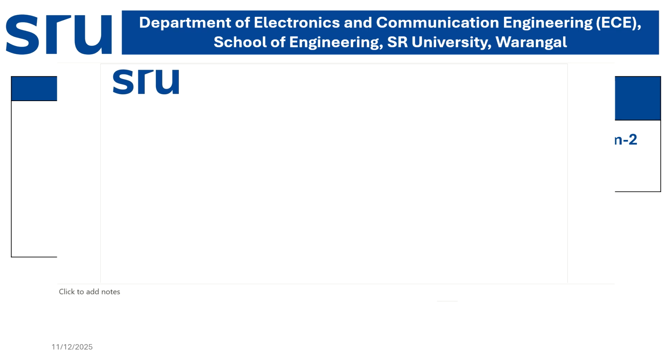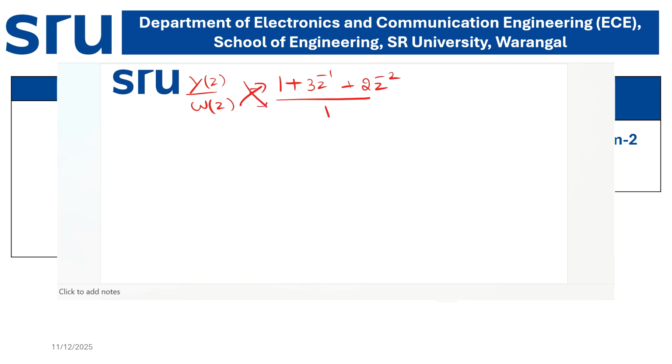Now equate the numerator: y of z by w of z is equal to 1 plus 3 into z power minus 1 plus 2 into z power minus 2 divided by 1. Now cross multiply to get the standard format, that is y of z is equal to w of z multiplied by 1, plus 3 into z power minus 1 into w of z plus 2 into z power minus 2 into w of z.